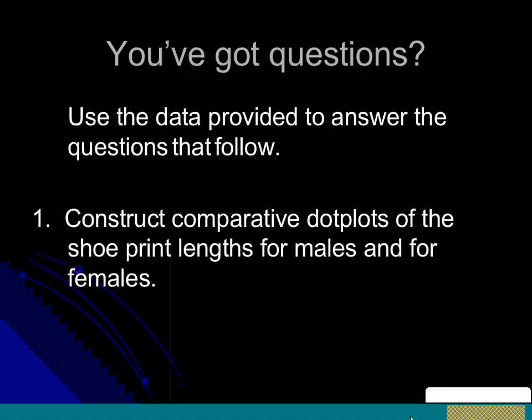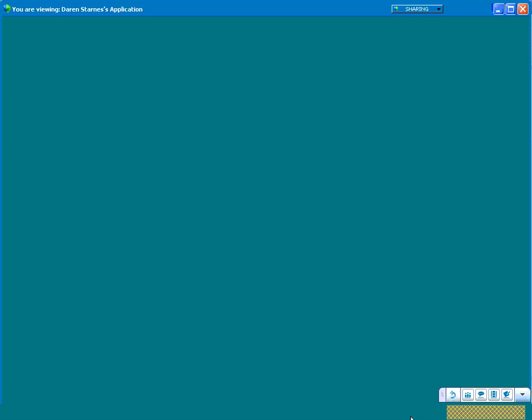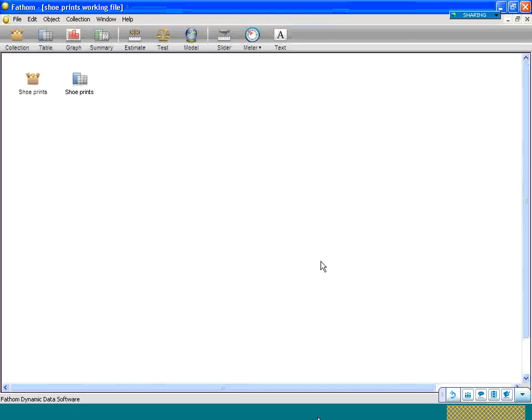And the software I've chosen to use today is Fathom Statistical software, which I find really appealing and easy to use for students of varying ages, middle school on up. It's got a really nice visual environment. So on your screen now, I've popped up a very basic Fathom document with the data from the shoe print study already loaded.